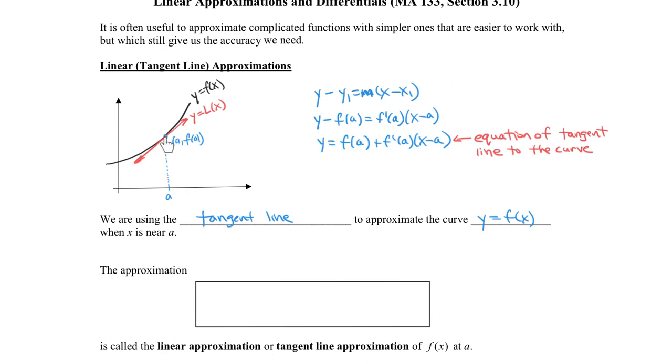They both share this point. As we get further away from A, there are errors, right? The difference between the function and the straight line becomes bigger as we go further away from A. So we want to be close to A for this tangent line approximation.